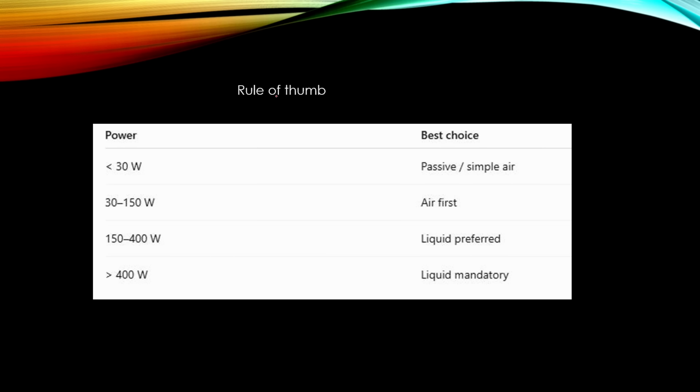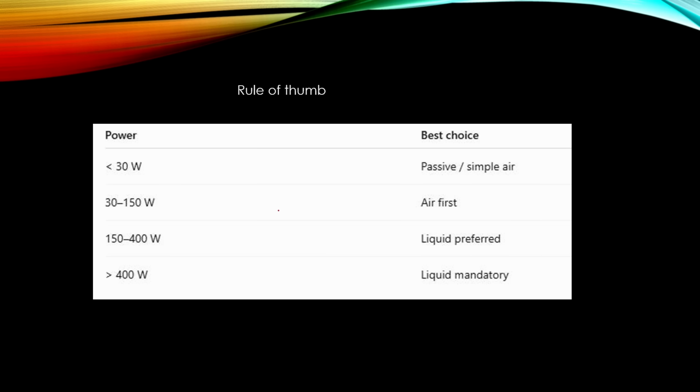As a rule of thumb, we can say that if the power of the unit is less than 30 watts, always use air cooling, and if the power is somewhere from 30 up to 150 watts, think air cooling first, and if, for example, noise is the most important factor, then you can use liquid cooling.